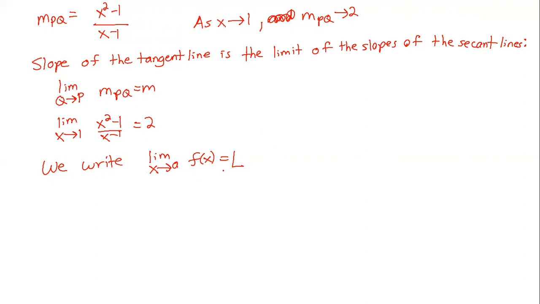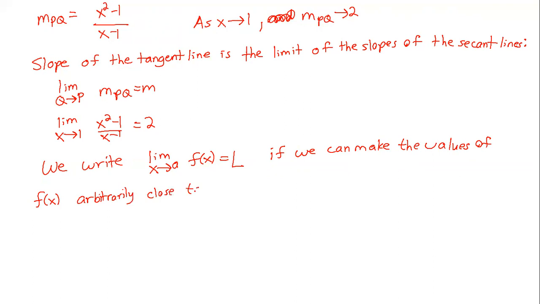When we write this, it means we can make the values of f of x arbitrarily close to L, meaning as close as we would like to L, by taking x to be sufficiently close to a on either side of a, but not equal to a.